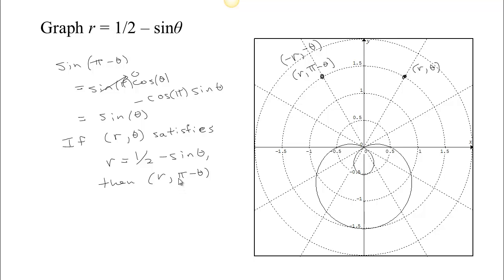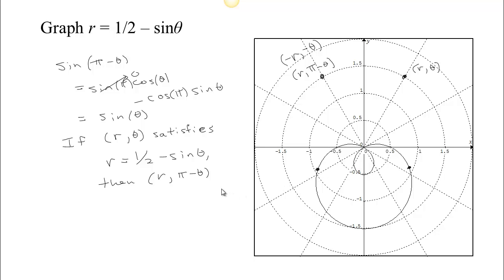That means that this function can't tell the difference between the right and the left, and that means that even without graphing it, you know that this function is going to have a symmetry, so that if a point on this side satisfies the equation, the one on the opposite side automatically has to satisfy the equation as well. The equation can't tell the difference between the two.